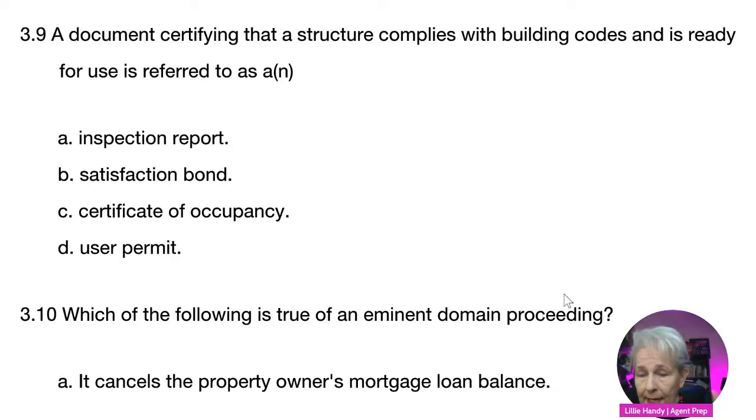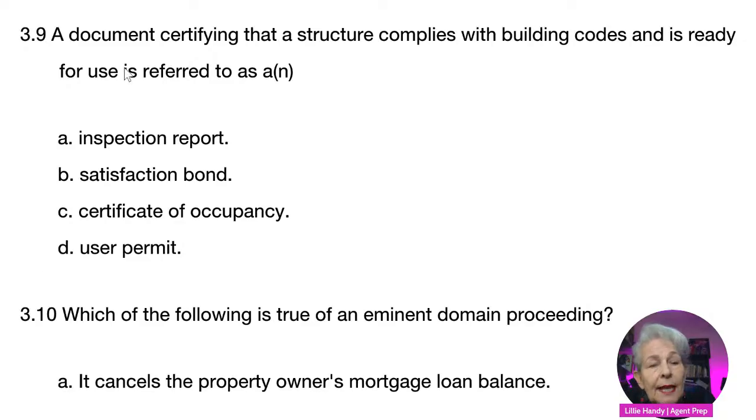Number 9, a document certifying that a structure complies with building codes and is ready for use is referred to as an A, inspection report, B, satisfaction bond, C, certificate of occupancy, or D, user permit.